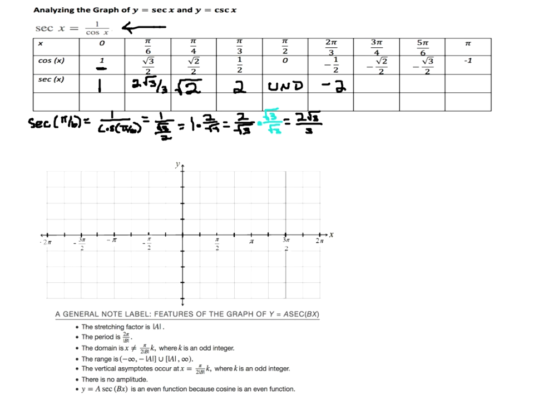Negative 2, negative square root 2, negative 2 square root 3 over 3, and negative 1. Okay. So we know we're undefined at pi over 2. So I'm going to go ahead and put my vertical asymptote there.